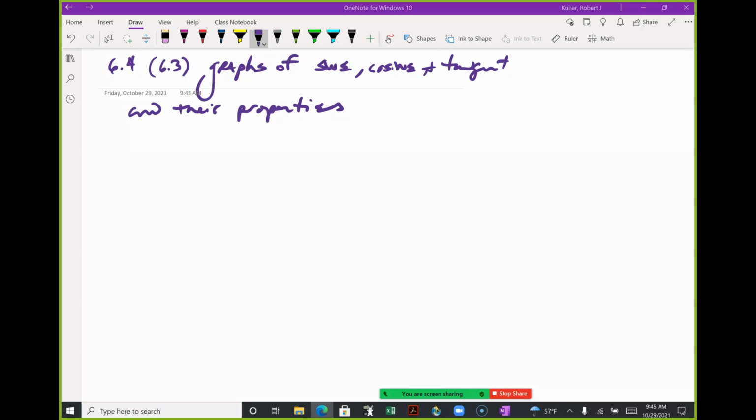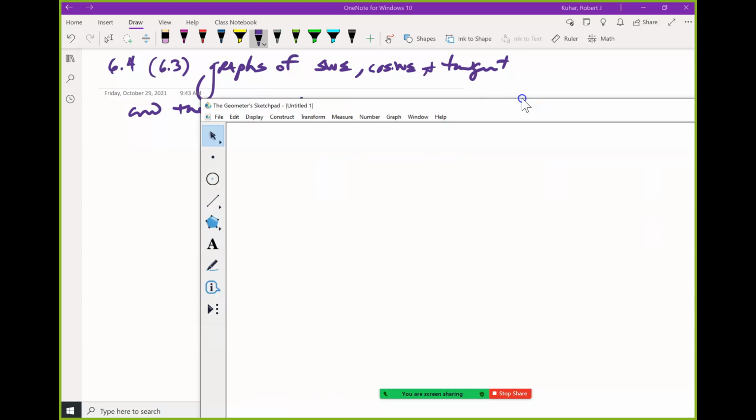Sine shifter. Sine height. This is what I want, I think. So I'm opening a program called Geometer Sketchpad. It's not free.